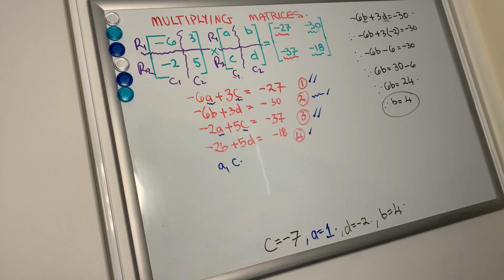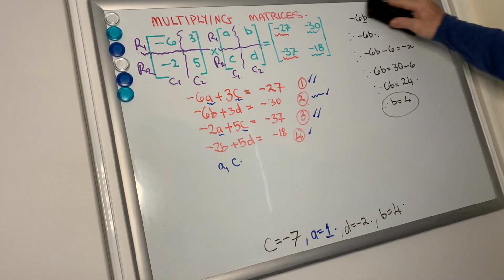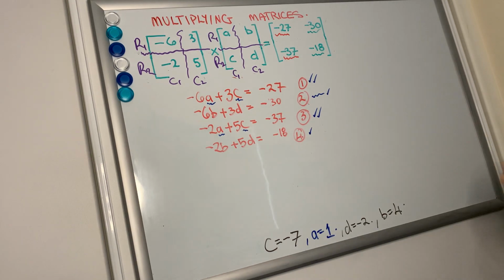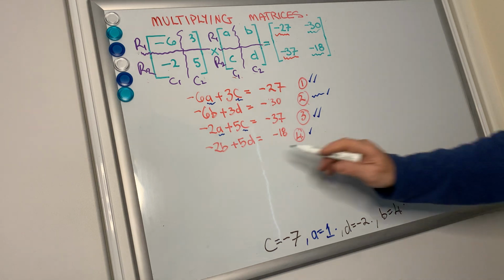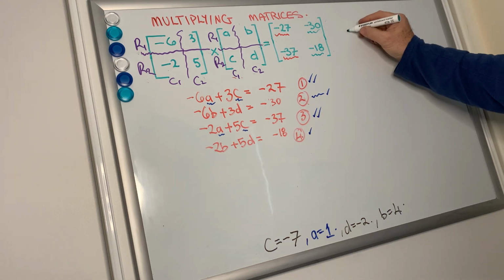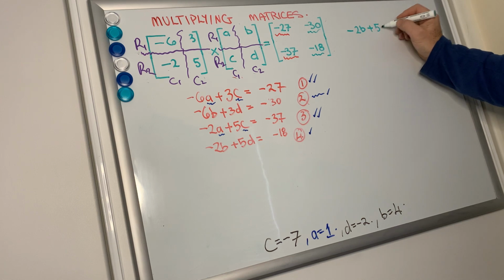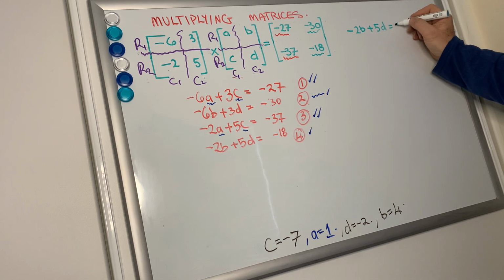Now we can take any one of these equations just to check that we are correct. Let's say I take this one here: minus 2b plus 5d is equal to minus 18.